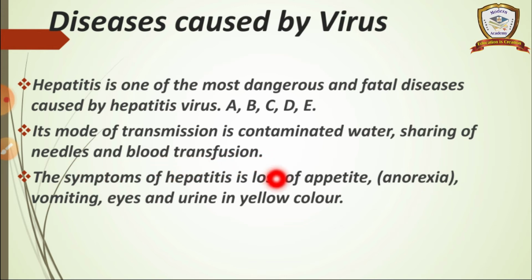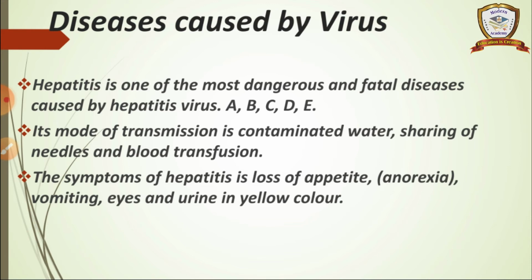And the symptoms are loss of appetite. They also don't feel hungry. Vomiting, eyes and urine are yellow in color. These are the hepatitis virus symptoms, and we can prevent this by drinking boiled water and proper cleaning of hands.